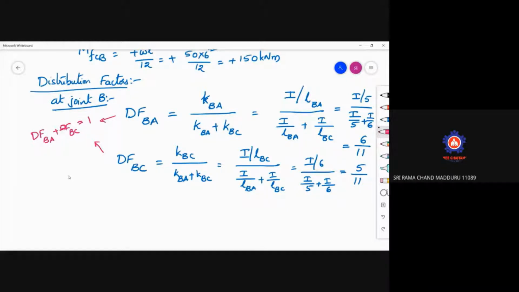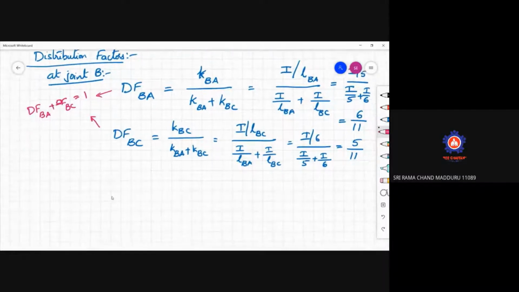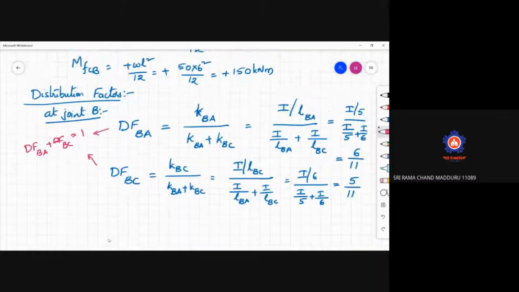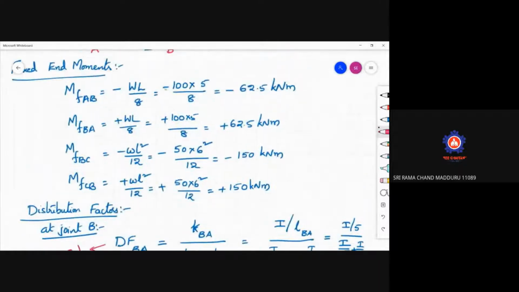So after calculation of these distribution factors, now we have to go for balancing the moments as well as calculating the carryover moments. So I will once again bring the beam here.